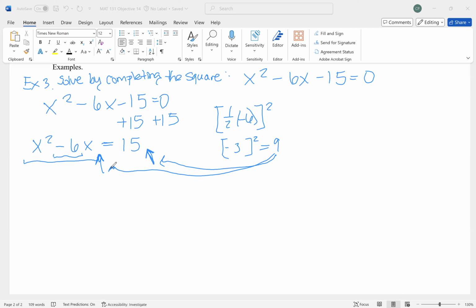Okay. So I need y'all to follow me with this. So I'm going to use some different colors so we can see where this 9 is going to go.